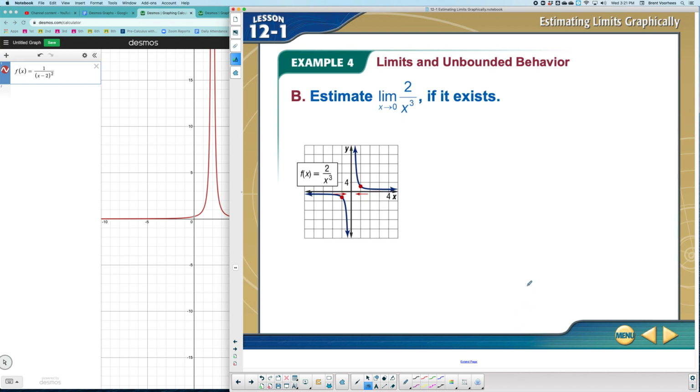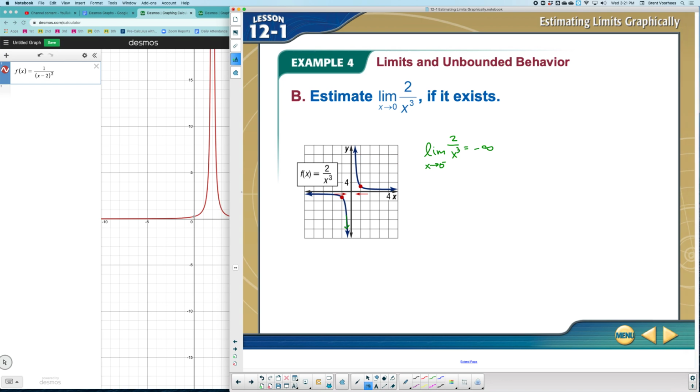All right, and so let's take a look at this graph now. As we approach 0 here, I can see the left side here, the limit of, I'll just put 2 over x cubed, that'd probably be easier. As x approaches 0 from the left side, this graph goes down to negative infinity.